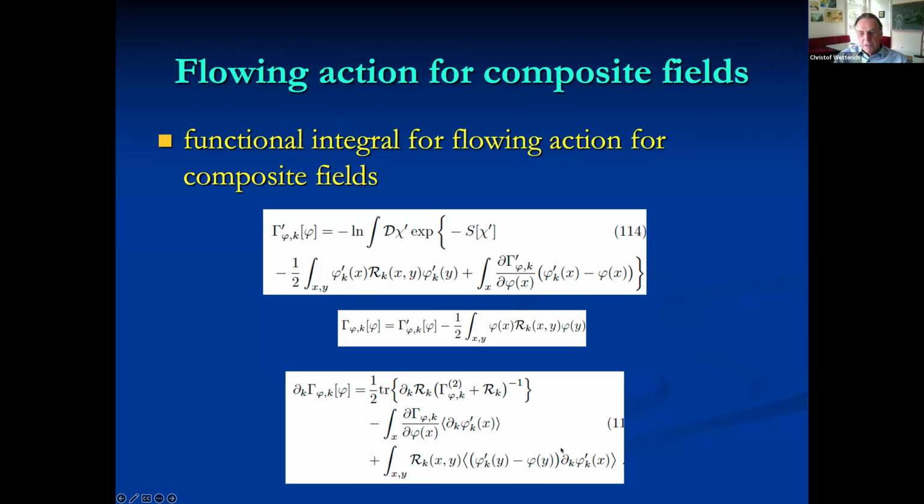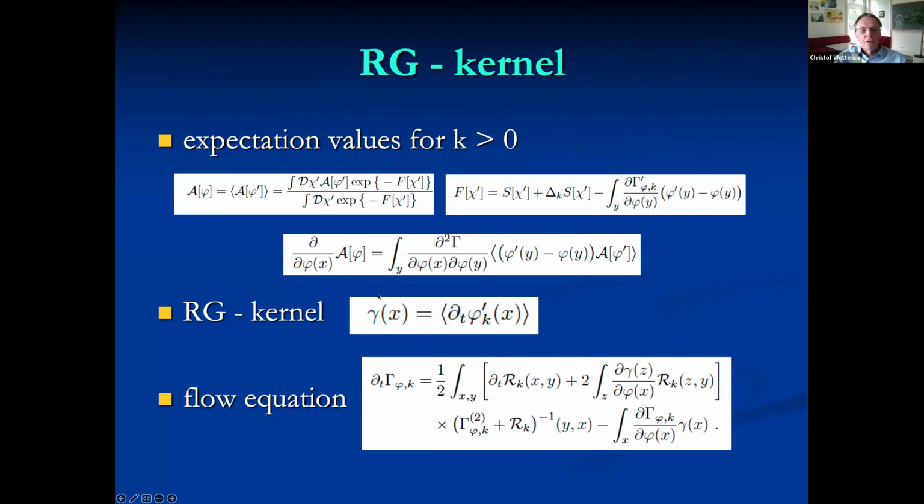You see there are expectation values here. Expectation values are just taken with respect to a weight factor e to the power minus f, where f contains now all terms in the action, which means the classical action, the cutoff term, and the source term.